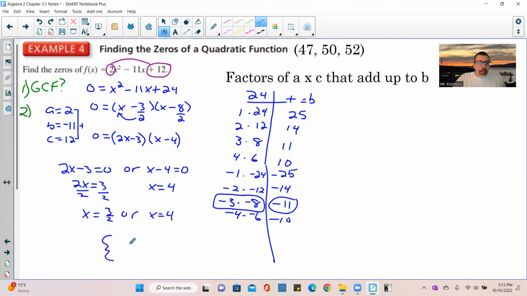Put that in set notation, 3 halves, comma, 4. And that is the answer to finding the zeros of a quadratic. So if you want to try it this way, that's fine, or you can do your squares thing. But after seeing this example, if you understood it, you should be able to do 47, 50, and 52.